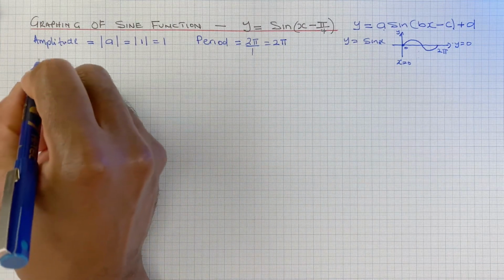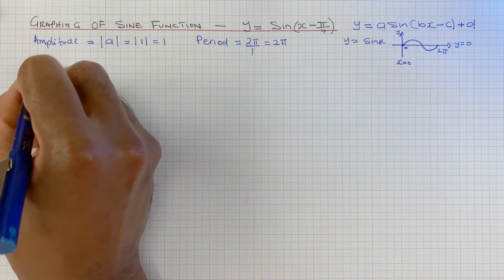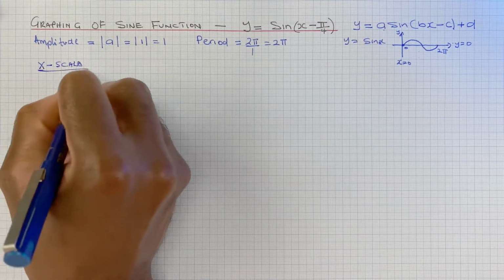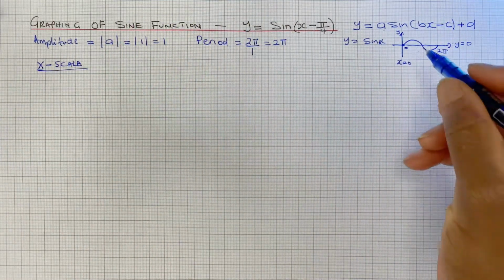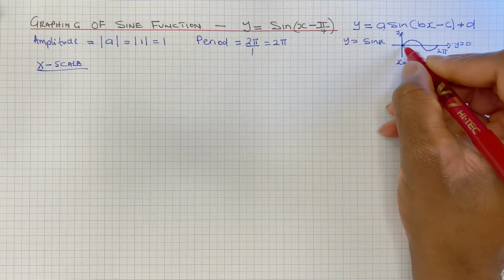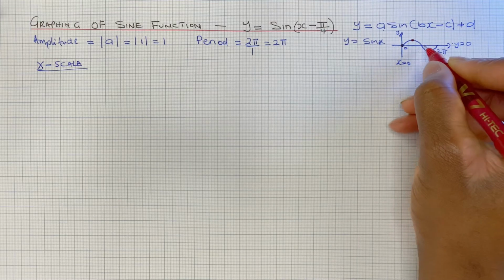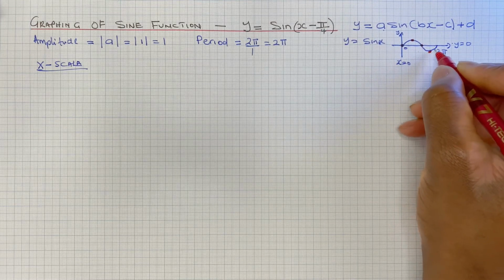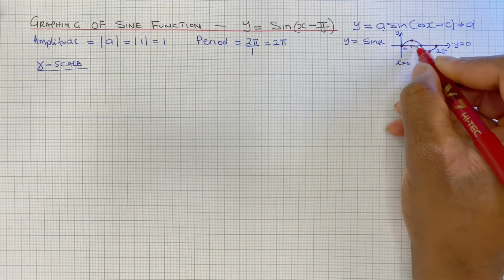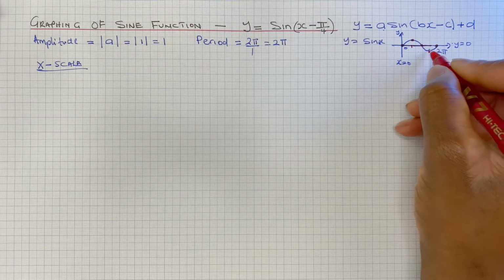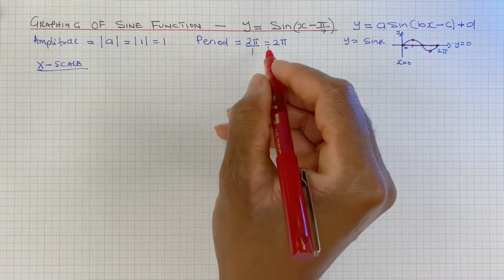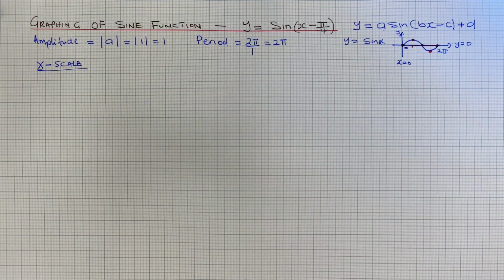Now we need to work out the x scale. The x scale is how we break up the function. Sine has four critical distances: the start, the maximum, 0, the minimum, and back to 0. So it's got four distances, and we have to divide our period by 4 to work out the scale.